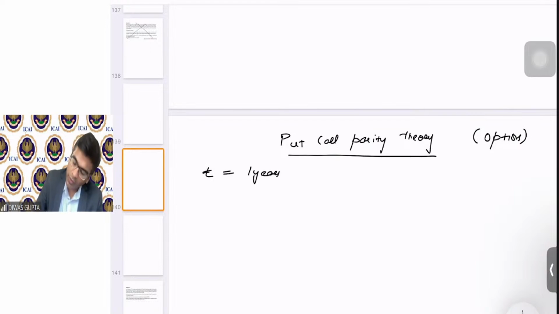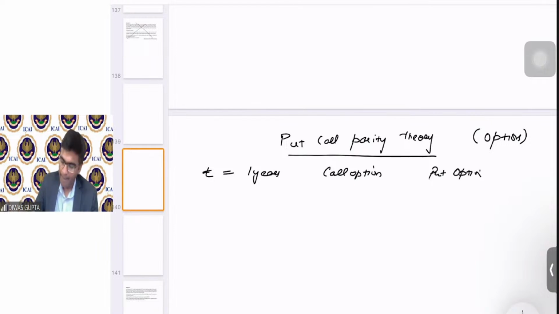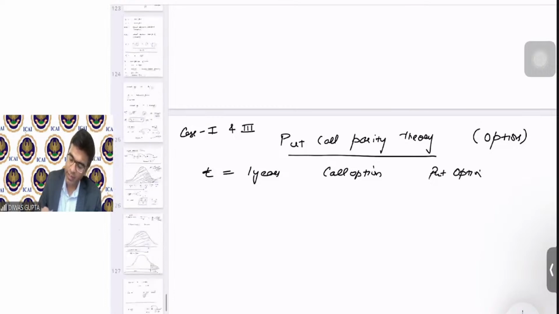We are talking about a call option and we are also talking about a put option. And in this, I am making use of case 1 and 3. Can we go back and check where I've mentioned those cases?